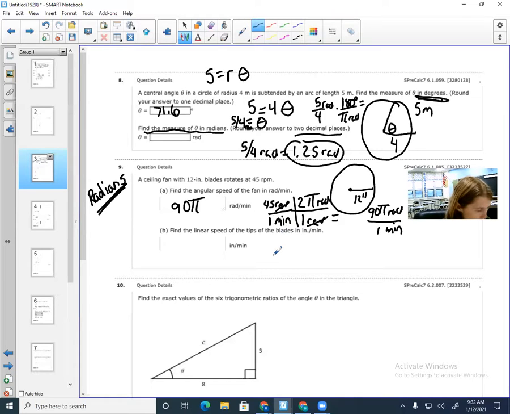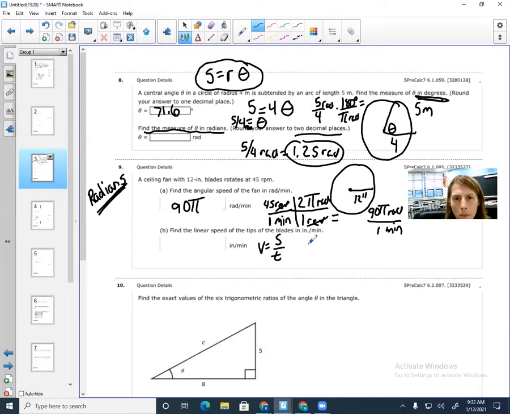All right, linear speed. Linear speed is V equals S over T. Again, if you look up here, we already have S is equal to R theta.